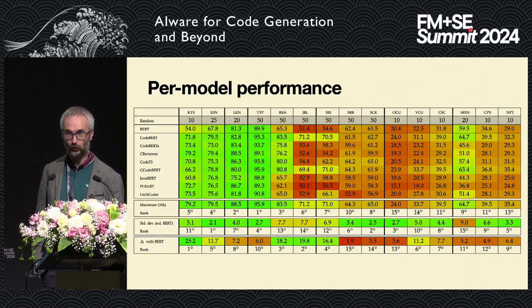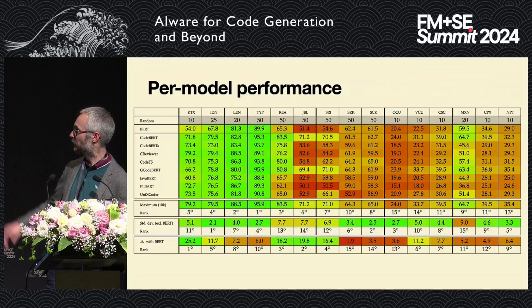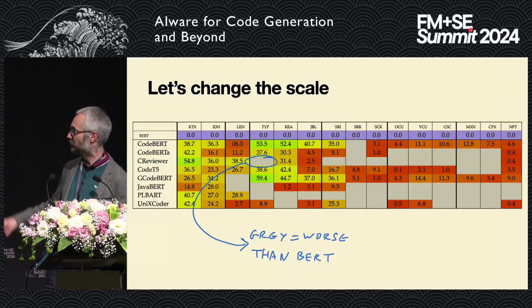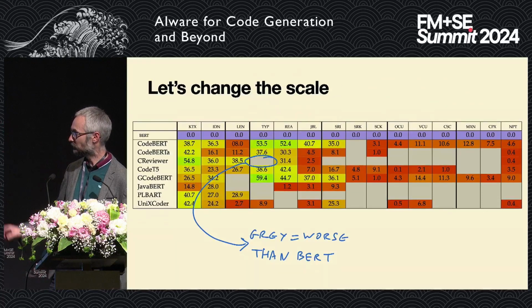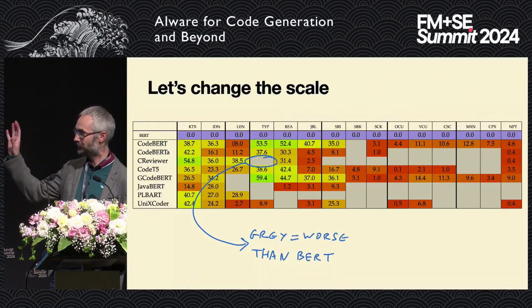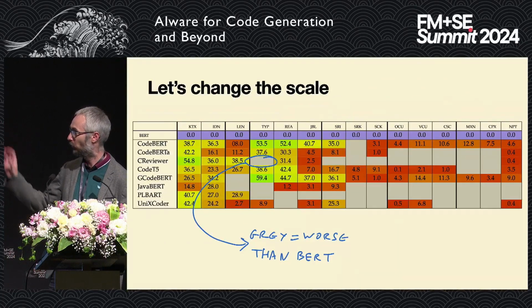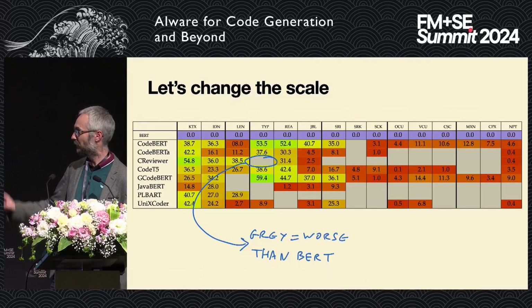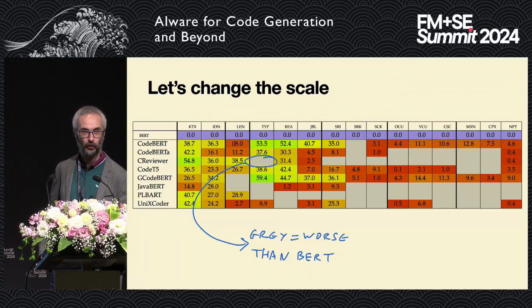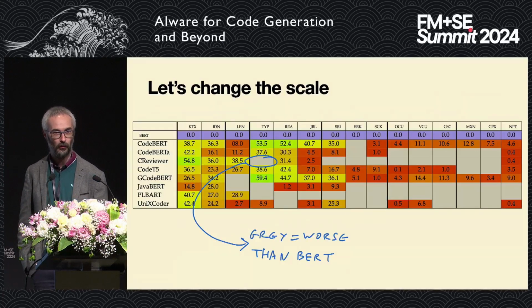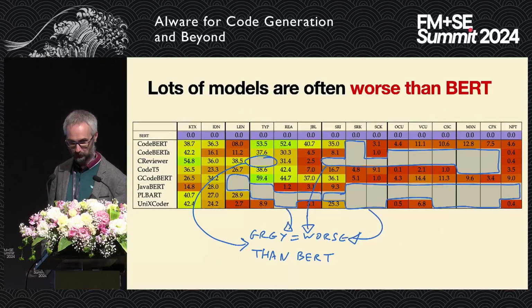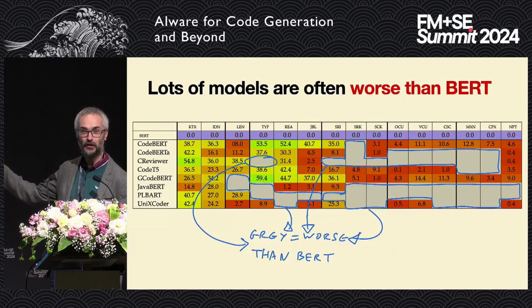If we look at the per model performance, here we distilled this in another visualization. Essentially, we rescaled the performance so that 0 would be equal to the performance of BERT. And everything that is gray means a model actually performed worse than BERT. And you can see there's a lot of gray here.